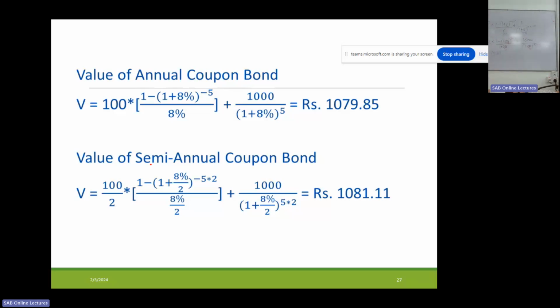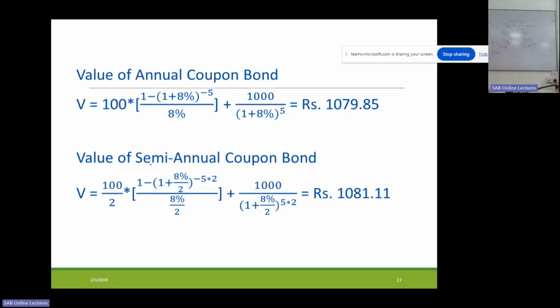So what is the theory behind this? The time value of money. In this semi-annual bond, you are getting some money earlier than in the annual coupon bond. Because of that, your value is high.